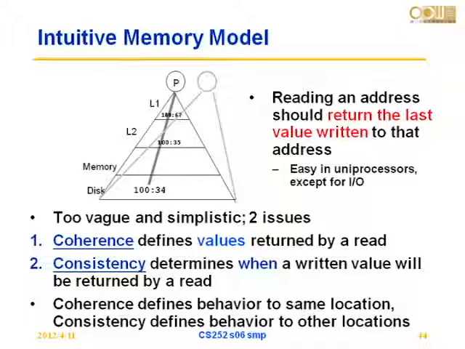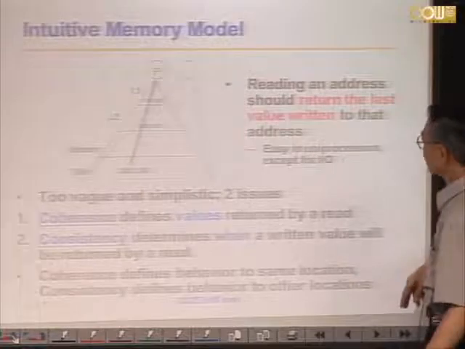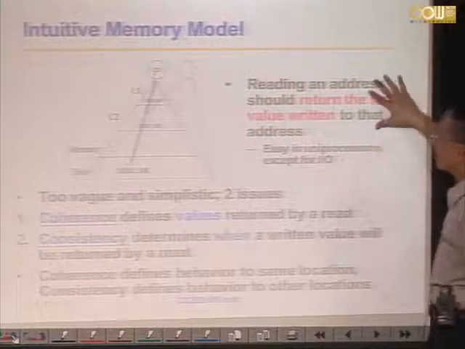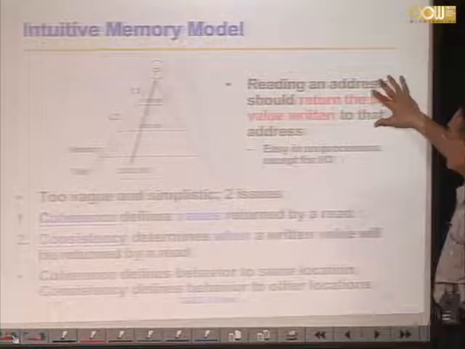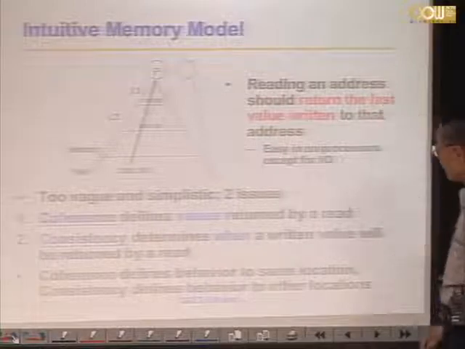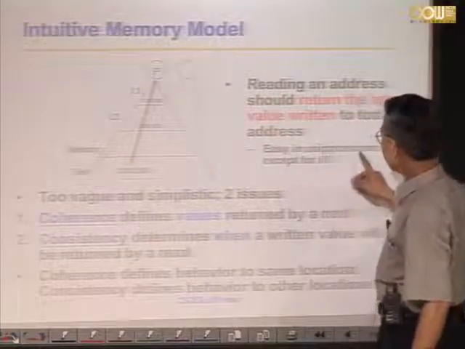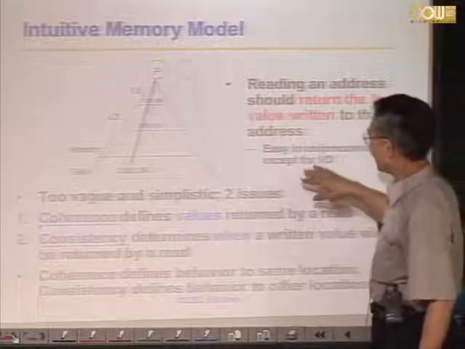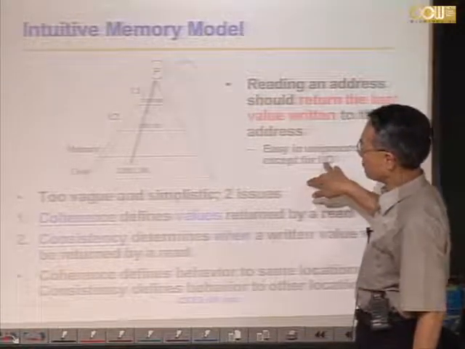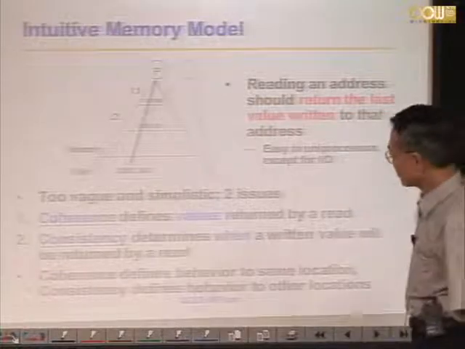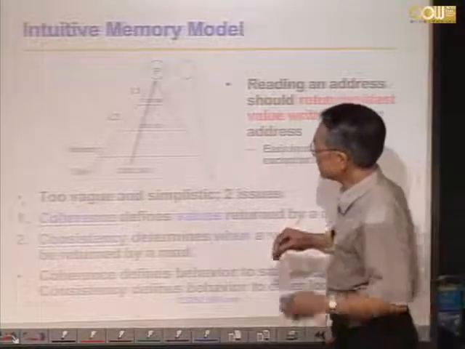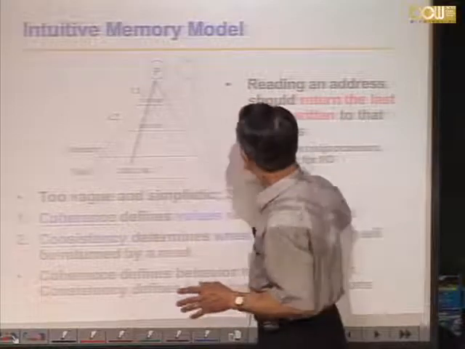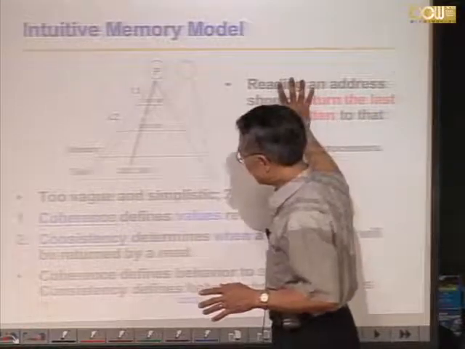Okay, so intuitive memory model, reading an address should return the last value written to that address. That's what our intuition tells us. This is easy to guarantee in uniprocessors, but not even when I/O is involved. So we need to academically define what you mean by this.